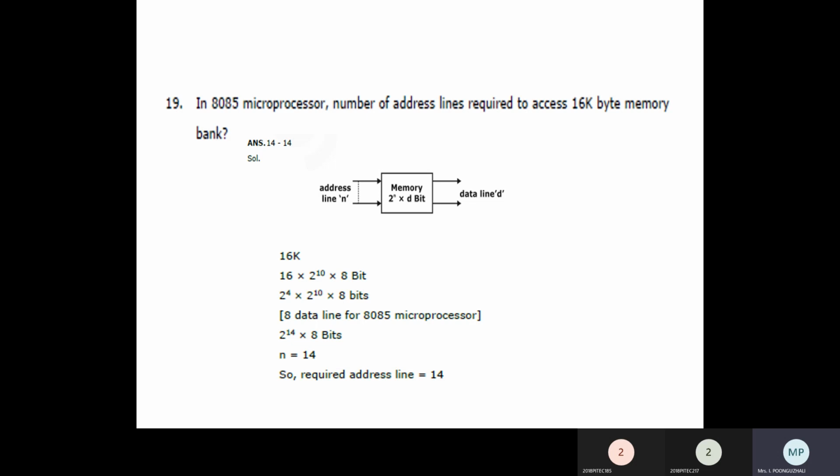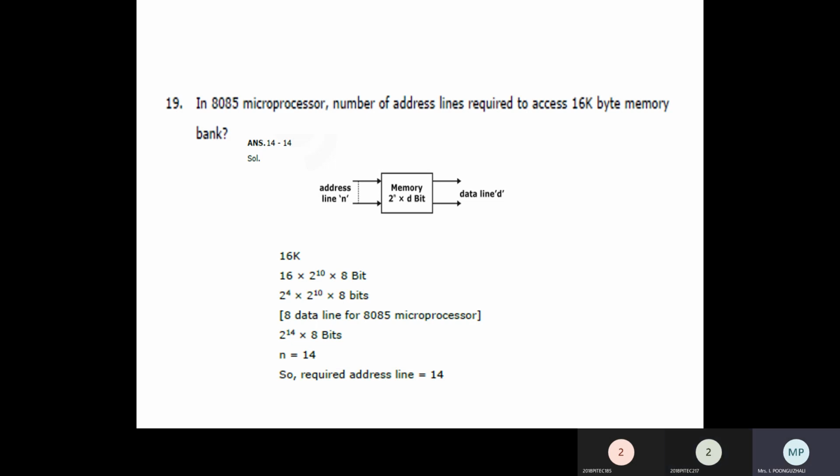In the 8085 microprocessor, what is the number of address lines required to access a 16k byte memory bank? If my memory capacity is 16k, how many address lines do I require? From the previous chart we can find the answer. 2 power 10 is 1k, 2 power 11 is 2k, 2 power 12 is 4k, 2 power 13 is 8k, doubled, and 2 power 14 is 16k, right?